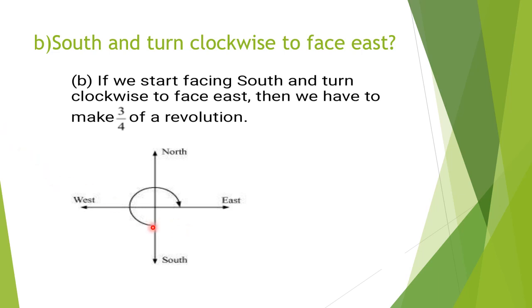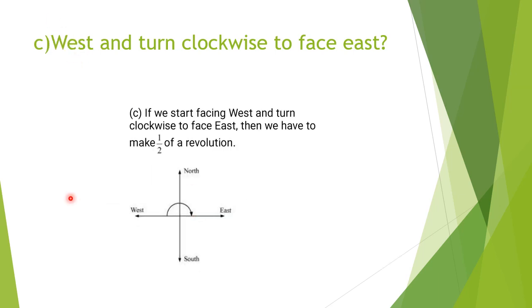If we start facing south and turn clockwise to face east, then we have to make 3 upon 4 of a revolution. C. West and turn clockwise to face east. If we start facing west and turn clockwise to face east, then we have to make half of a revolution.